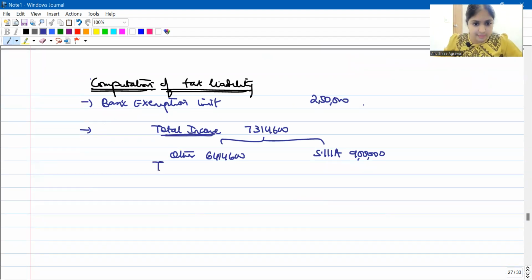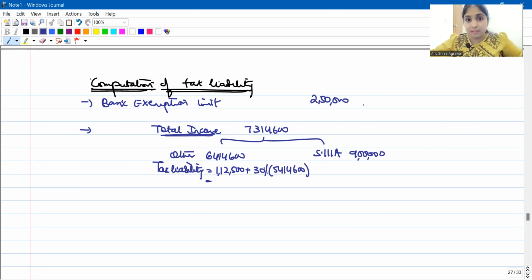So what will my basic tax liability be, guys? How will you calculate? Up to 10 lakhs you anyways have to pay 1,12,500 plus 30% of your income in excess of 10 lakhs, which will be 54,14,600. So 54,14,600 into 30% plus 1,12,500. Do you get this number?